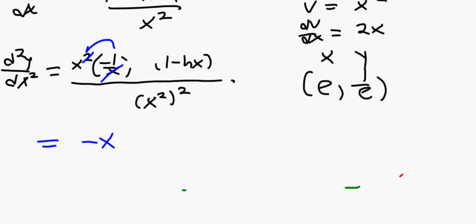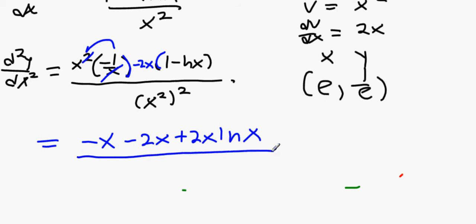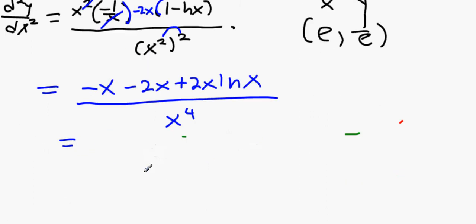Technically that minus 2x is multiplied by 1 minus ln x, so it's going to be minus 2x plus 2x ln x, all over x to the power of 4, because 2 by 2 gives you 4. Then we tidy this up, and we get minus 3x plus 2x ln x.